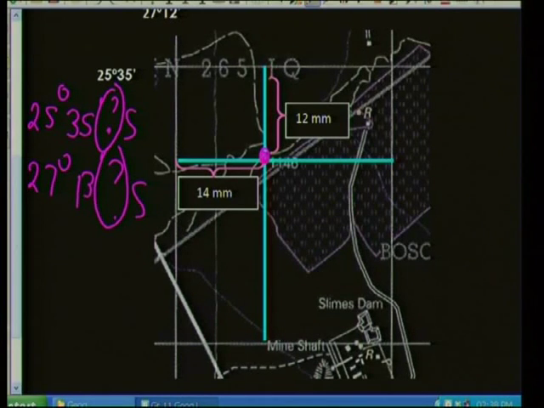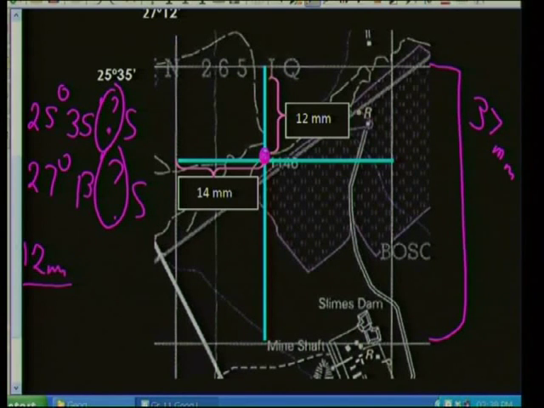I took this and I measured and I got 12 millimeters. So if I had to put 12 millimeters, and what is the size of my block? Because I want to find out the ratio. The size of my block for latitudes is always 37 millimeters.